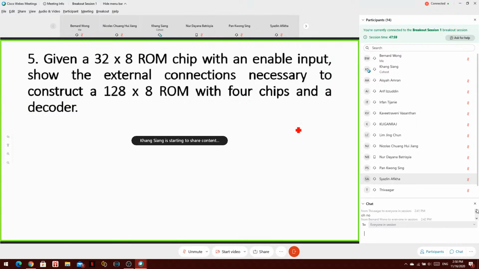So the last one: given that 32 times 8 ROM chips, ROM chip and RAM chip, I think you should know the difference. Then you have an enable input again, so you need to have 128 times 8 ROM. Again, you need to know which chips will eventually make up the output.